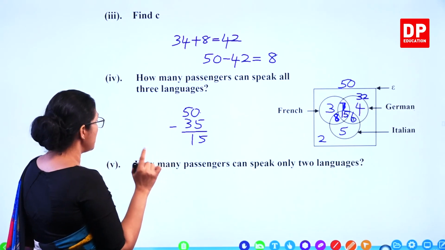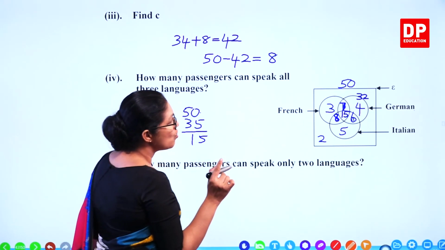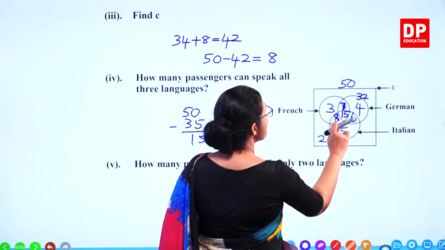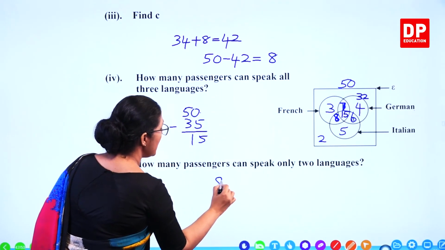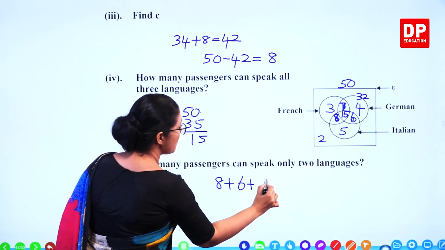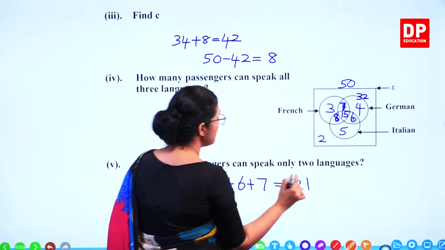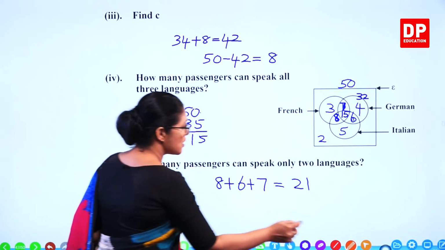So that's 15. How many passengers can speak only 2 languages? 2 languages. So that means 8, 6 and 7. 15, 20, 21. 21 passengers can speak only 2 languages.